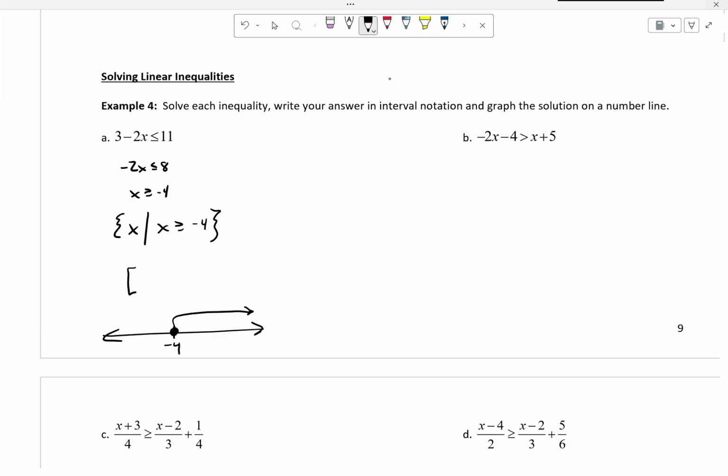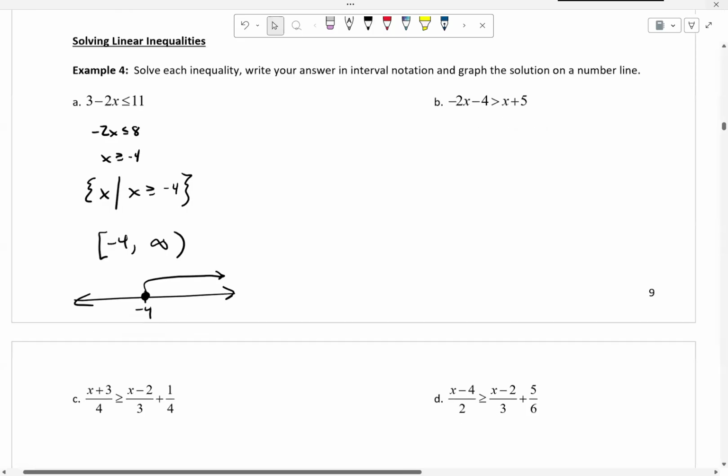I want interval notation now. Interval notation, I just want the two numbers. Are we good with that?